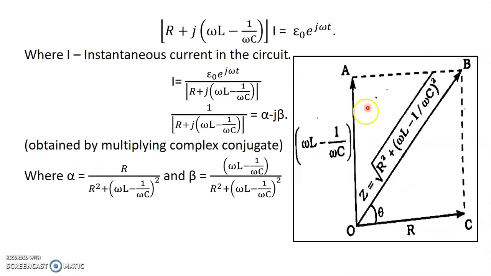So using this impedance triangle, tan theta is defined as omega L minus 1 over omega C divided by R, whereas cos theta is defined as R over Z, and sin theta is defined as omega L minus 1 over omega C divided by Z.